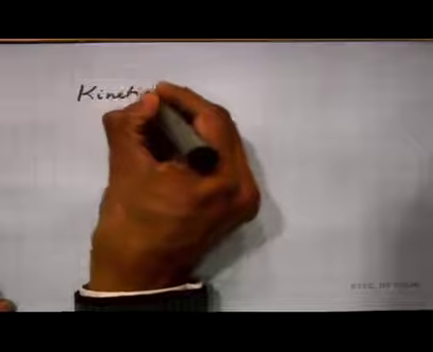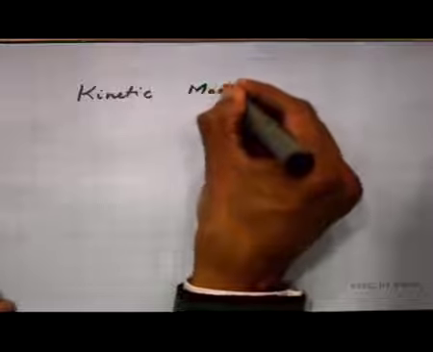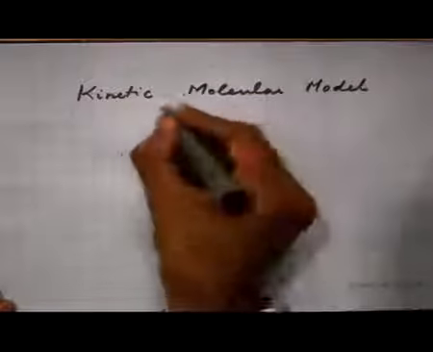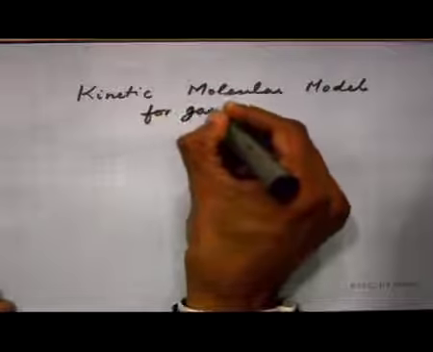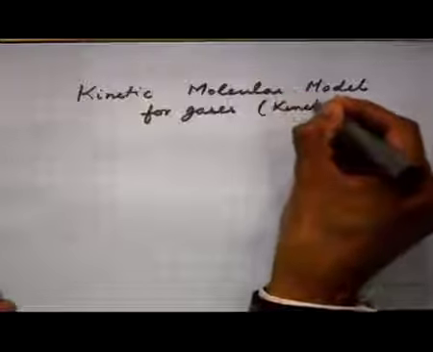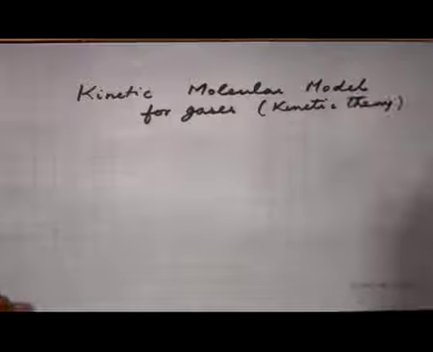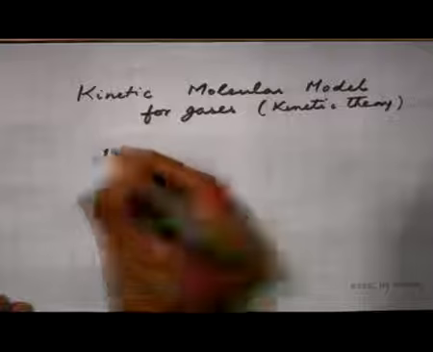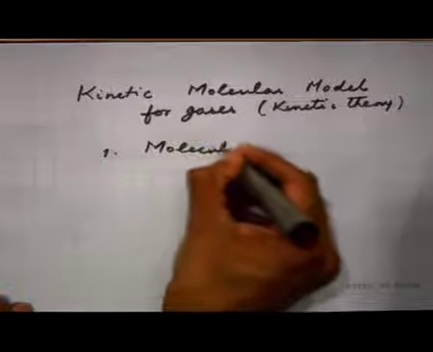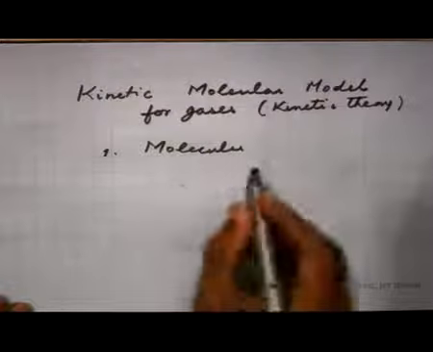So, this model that is proposed is the kinetic molecular model for gases, also called the kinetic theory of gases. There are essentially three parts to this. The first part discusses the model based on the molecules.